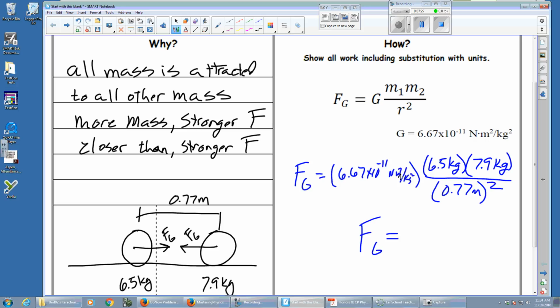All done. So go ahead and put that in your calculator. I'd use your numbers, that way you can check right away whether or not you got it right.